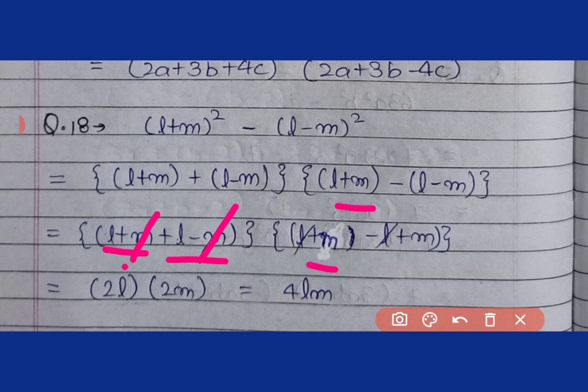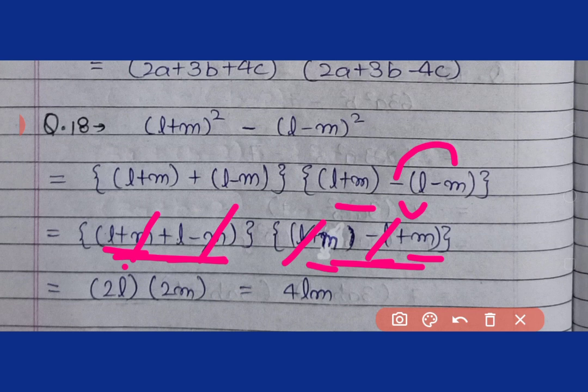Firstly we will write it, and then minus will multiply with each term and change their sign. So minus multiplied with L becomes minus L, and minus multiplied with minus m changes into plus m. Plus L and minus L will cancel, and what remains is 2m and 2L.